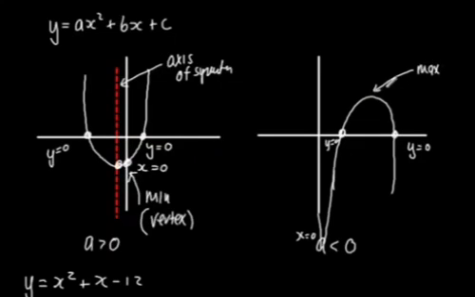So this is the largest value the function can give. And then we would have the axis of symmetry. The axis of symmetry will give us an equation, and it will be x is equal to some value. So positive quadratic, negative quadratic.